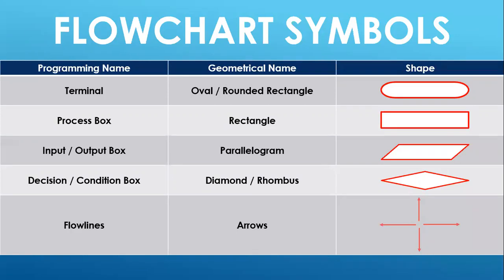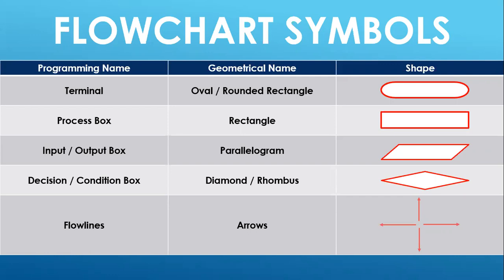Now the third one is the parallelogram. Parallelogram means a skewed form of a rectangle. The vertical sides of a rectangle are skewed at an angle of 45 degrees on the left hand side, and the vertical line at the right hand side is skewed at 135 degrees.